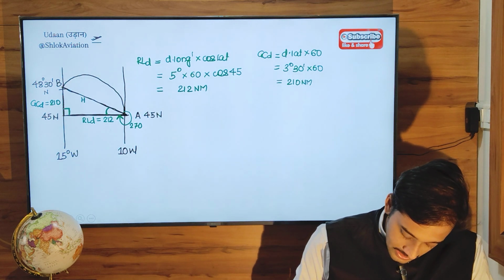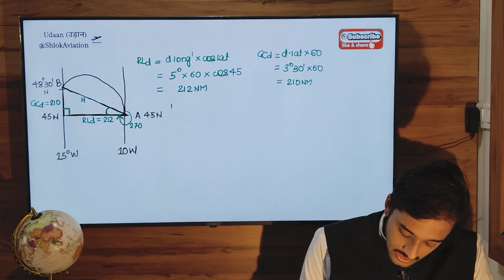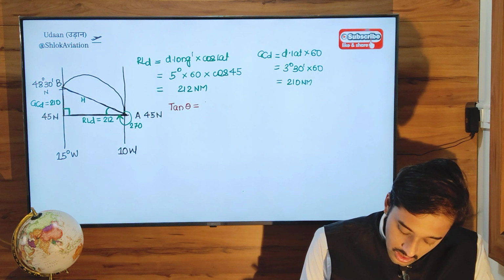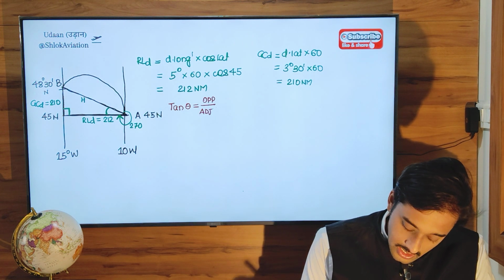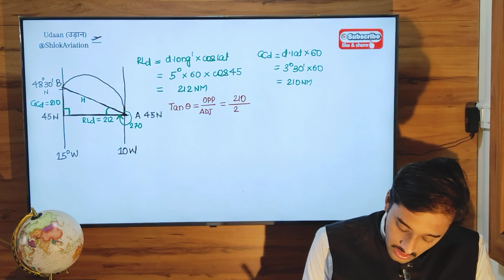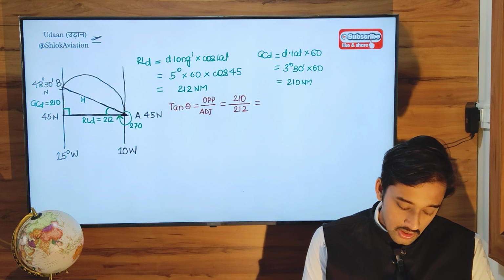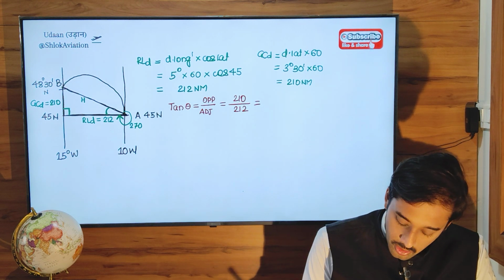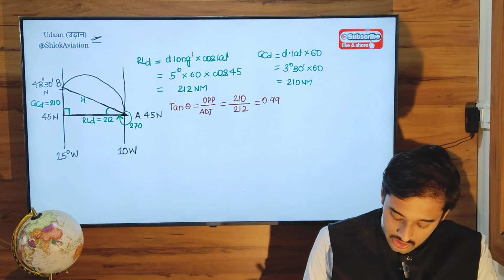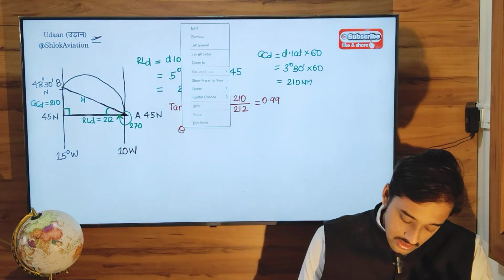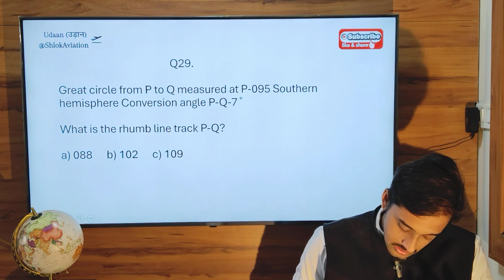So using the tan theta formula, tan theta equals opposite upon adjacent. What is the opposite side? Equal to 210. The adjacent side is 212. So 210 divided by 212 equals 0.99. So that particular angle theta will be equal to how much?